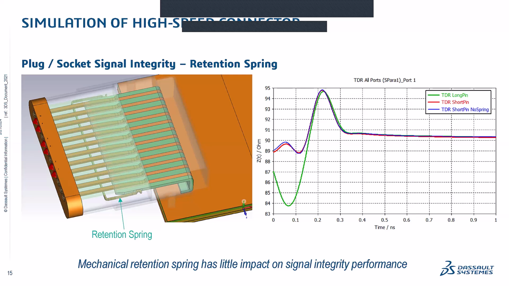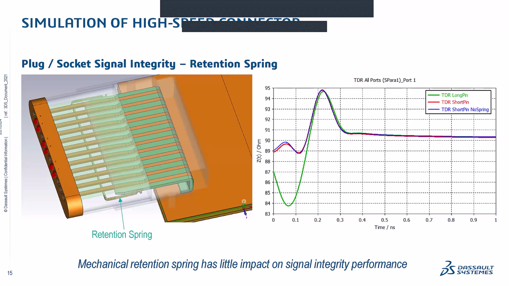And this is really the power of using 3D simulation. It's very easy to assess, or answer, these kinds of questions. So here you can see on the right-hand side the TDR: the original result in green with the long pins, where we had the issue with the dip in impedance, and the redesign with the short pins.